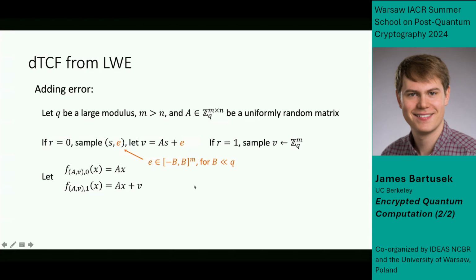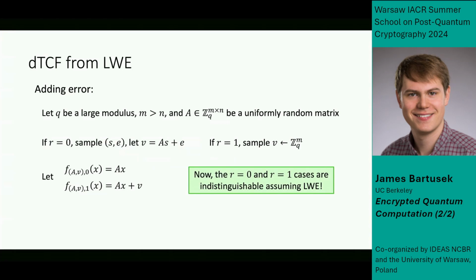Here I'm not really going to go into the details of LWE, but for the purpose of this talk, let's just recall that our error is going to be sampled from some distribution that is supported on short elements. So each element of E, I'm going to sample in this range, let's say negative B to B, where B is much, much smaller than the modulus Q, okay?